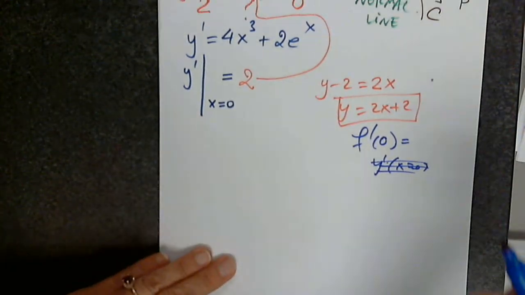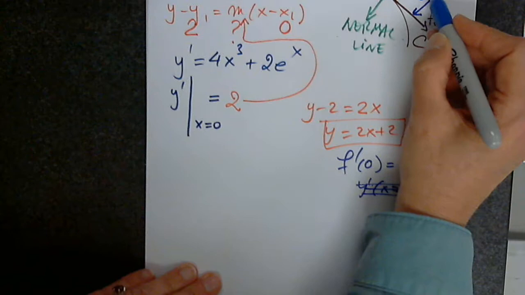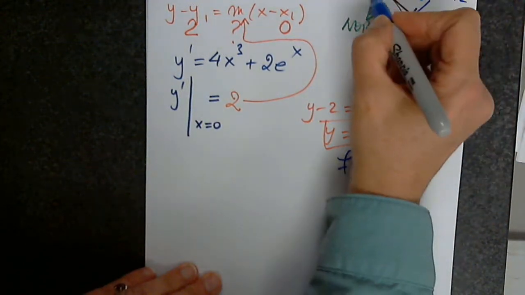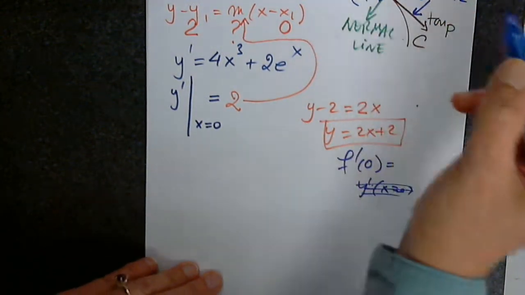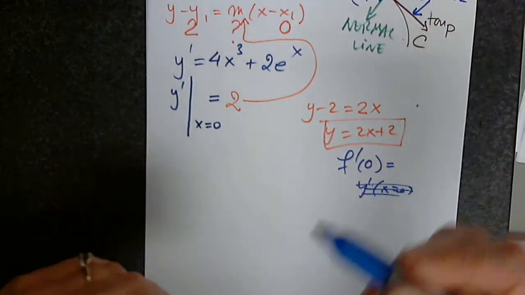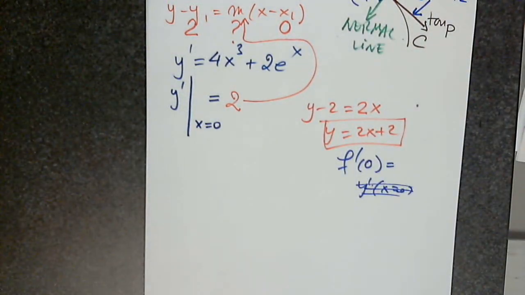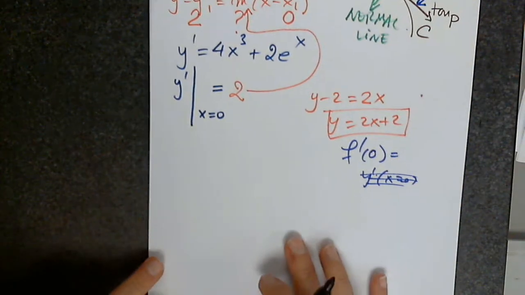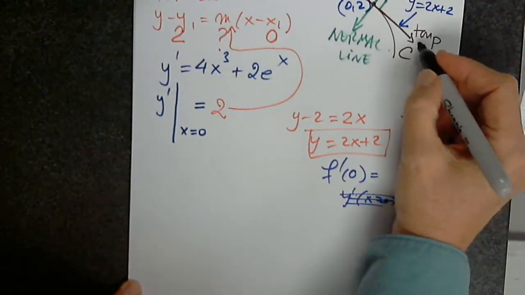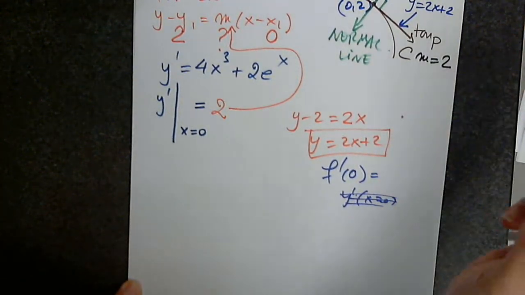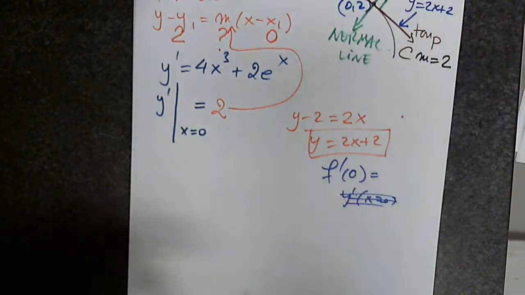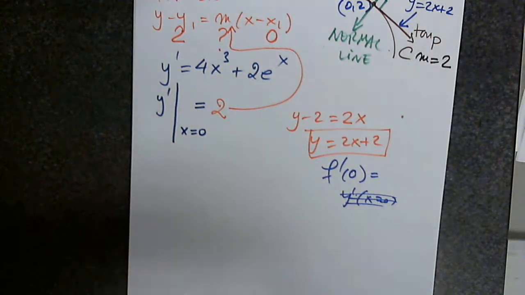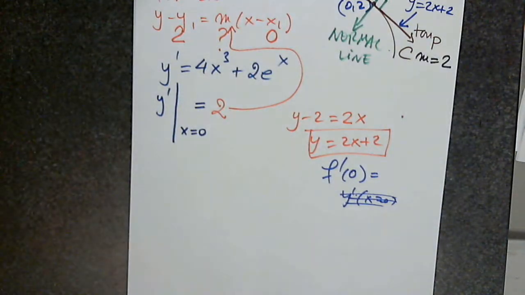Perfect. So I determined the equation of this line: y equals 2x plus 2. The point is 0, 2. Now I want to determine the equation of this line. How do I do that? Yes. If the slope of the tangent is 2, the slope of the perpendicular line is the negative multiplicative inverse.